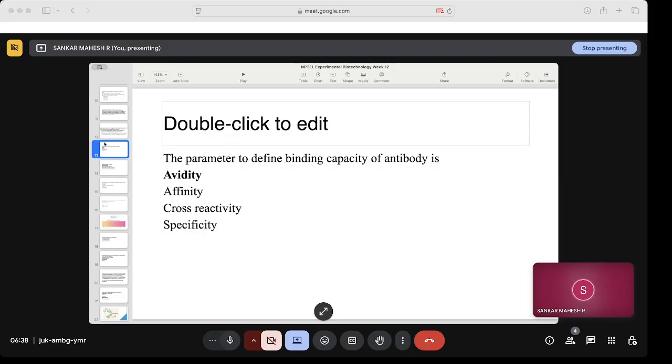So if your antigen has multiple binding sites, and the antibody also has multiple binding sites, if it interacts, you can conclude these multiple affinities as avidity. Is that a fair statement to make? Yes, sir. Whereas affinity will be a one-to-one interaction, and that is quantification.